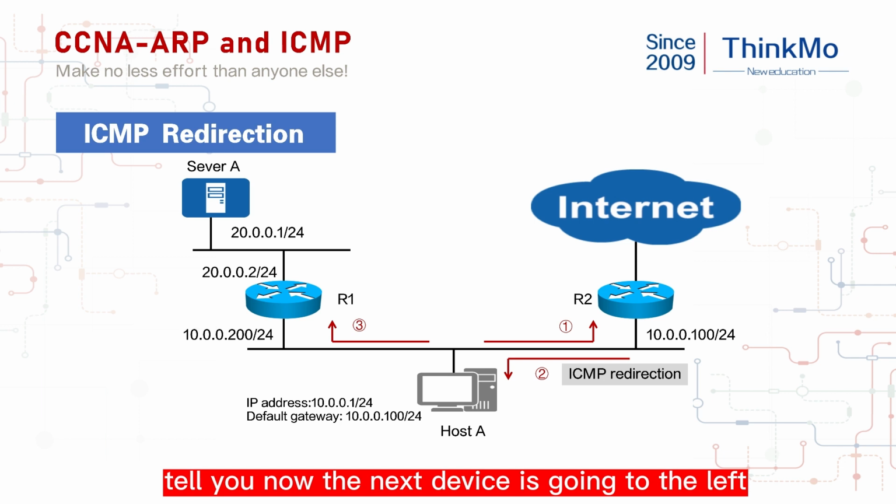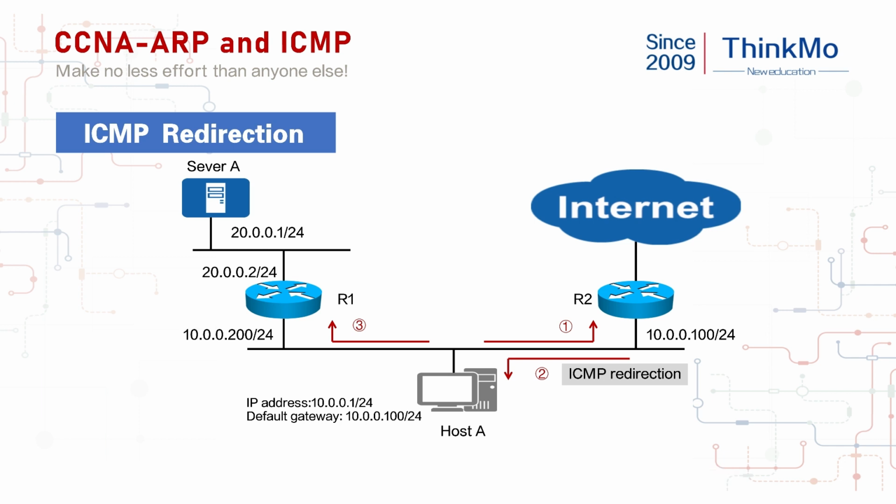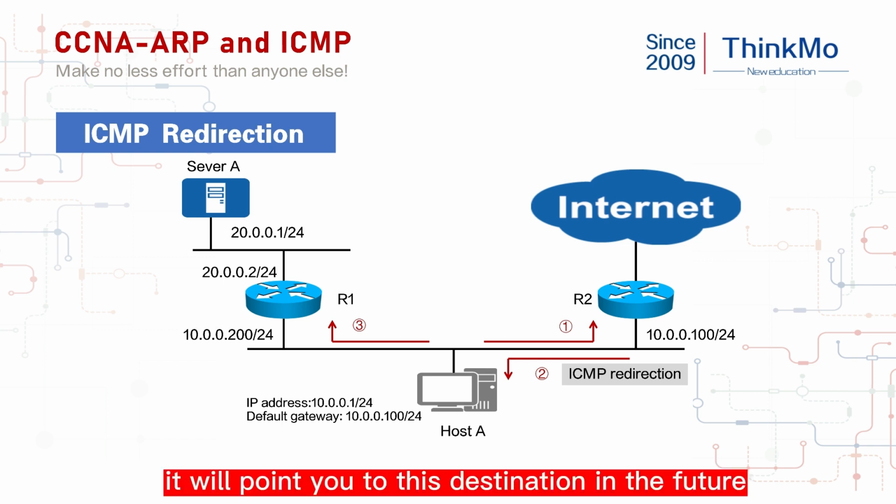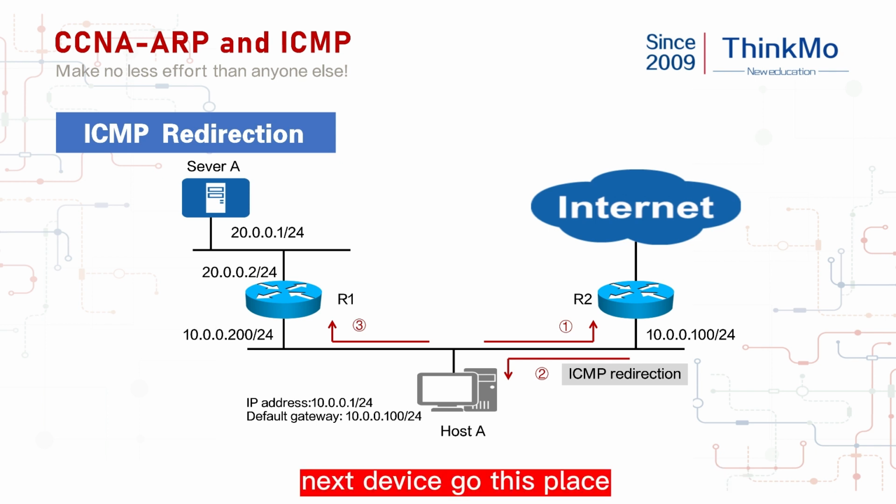It tells you that now the next device is to the left. That is to go through this interface. Inside this redirect message, it will point you to this destination in the future. Next device, go to this place. It will only go like this when accessing the server. This is called ICMP redirection.